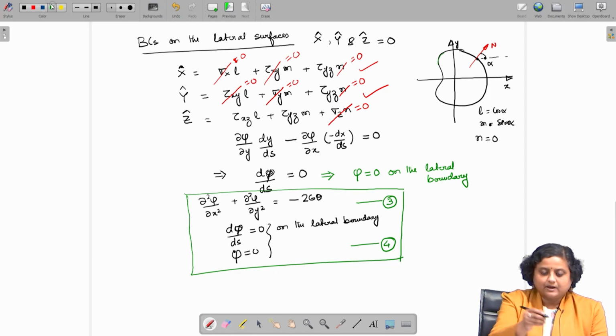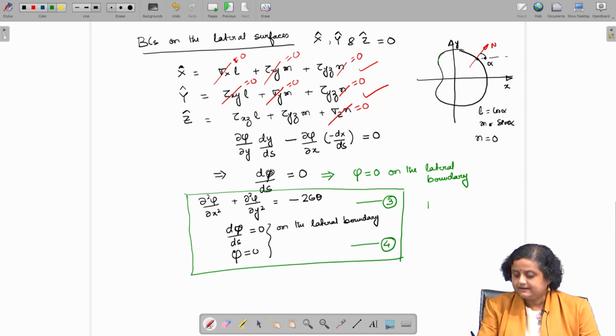So, we can summarize this by saying that we need to find a stress function which is Prandtl stress function which satisfies this criteria.